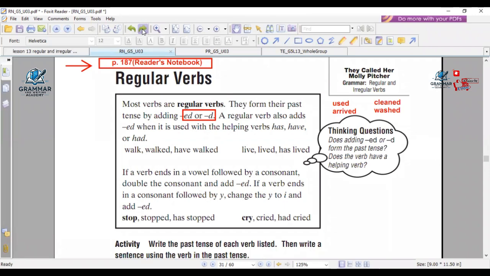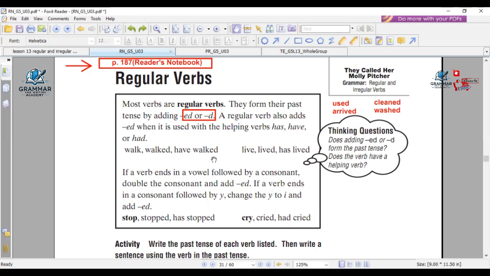If you have one of those helping verbs in a sentence, the main verb has to end with d, ed, or ied: has used, have arrived, had cleaned, has washed, like that. Walk, a verb in the present form; walked, a verb in the past form; have walked, a verb in the present perfect form, or the participle form. Live, present form; lived, past form; has lived, a verb in the participle form because here we have a helping verb has.